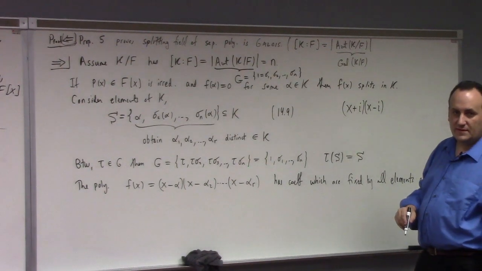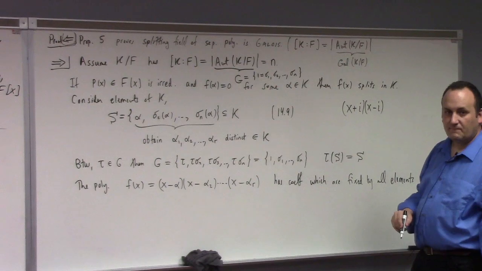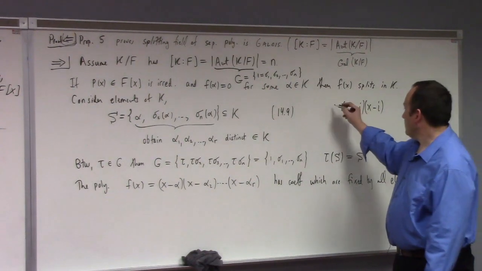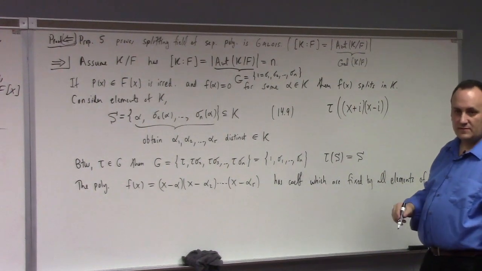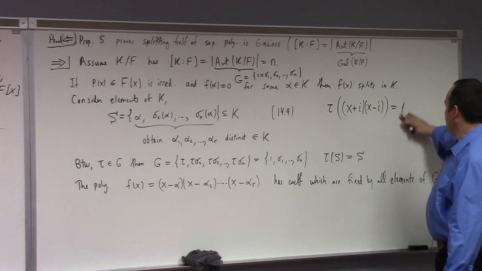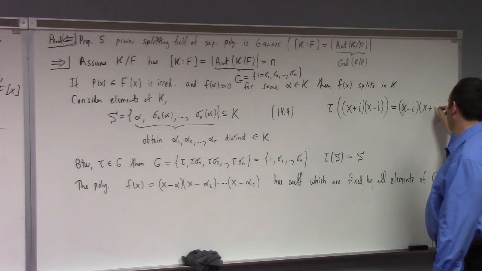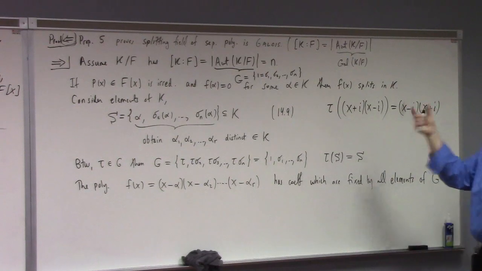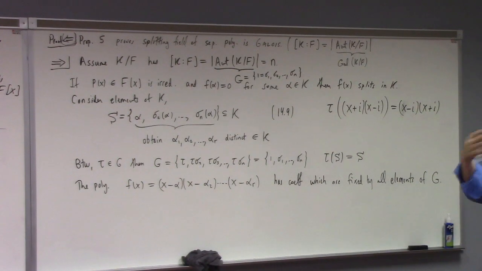You hit this with complex conjugation. What happens? Let tau be complex conjugation. What does it do? It just permutes the roots. This is saying that happens in general with the Galois group, if we sort through this argument.